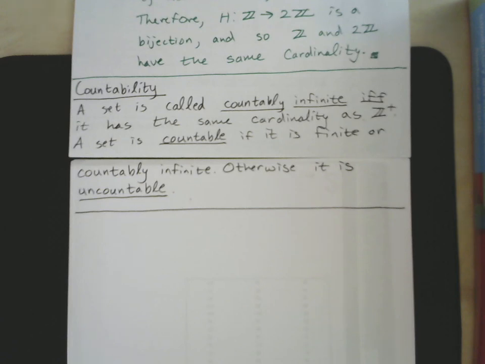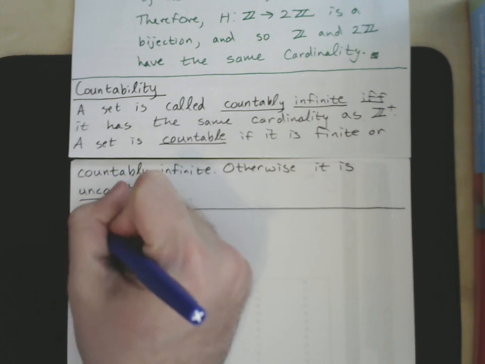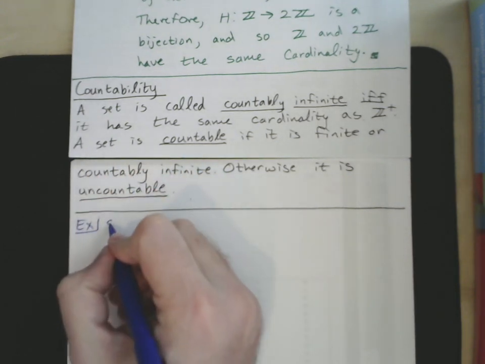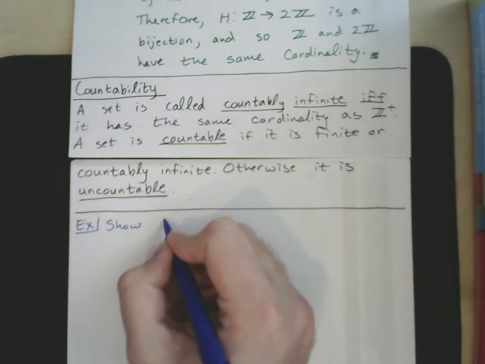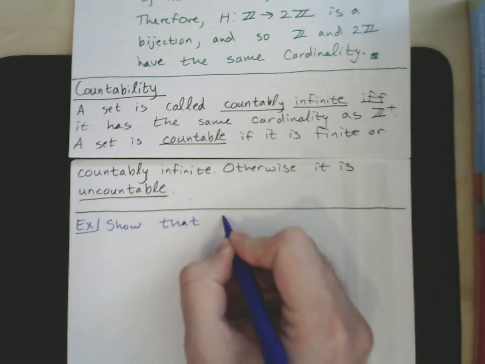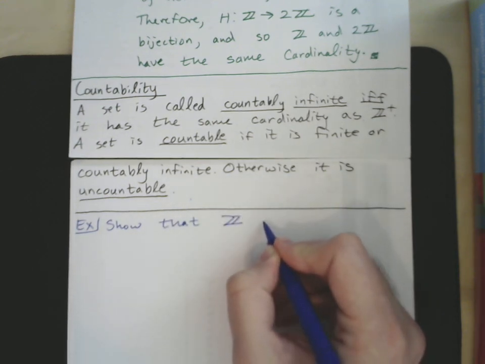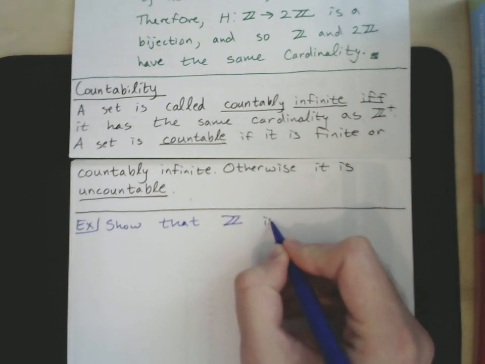So the first thing we want to do is show a very specific case. We are going to show that the regular integers, Z, is countable.